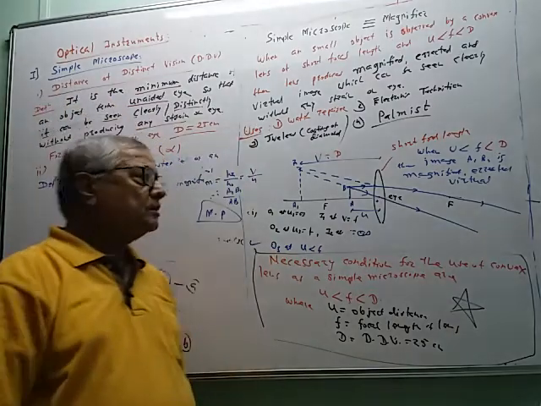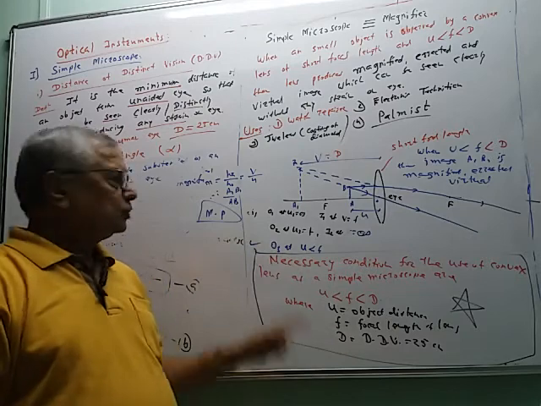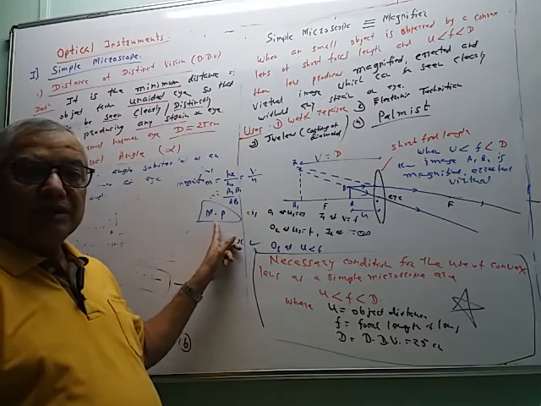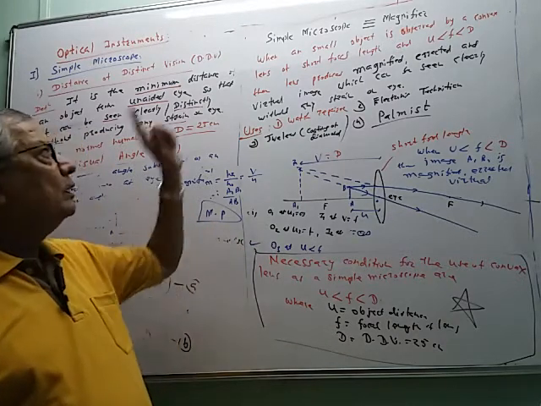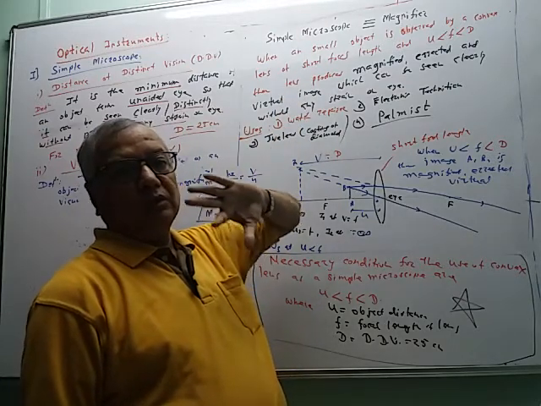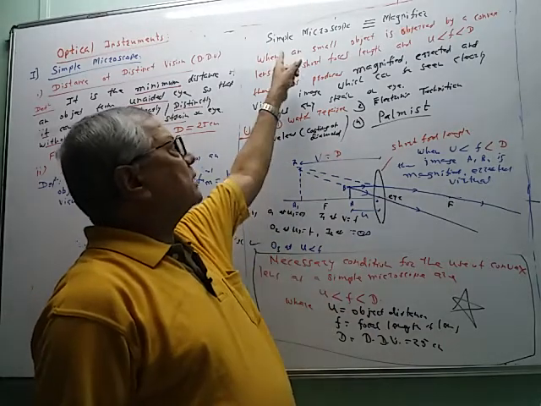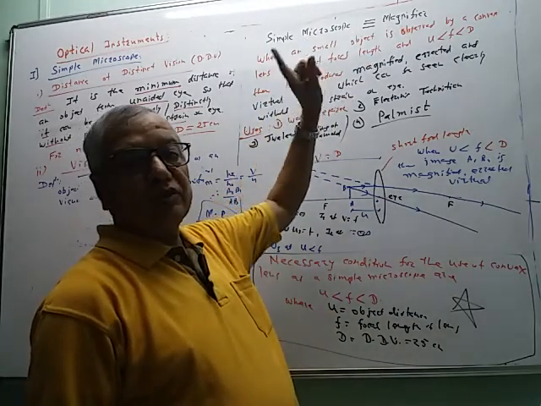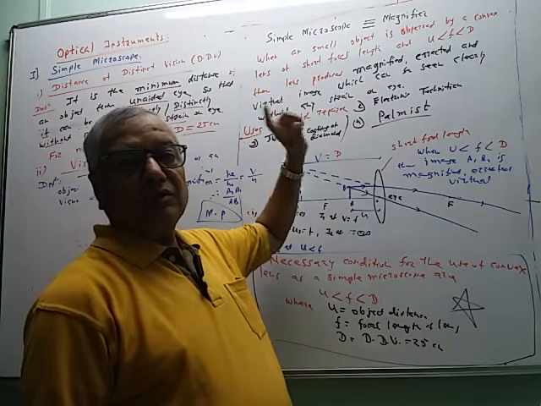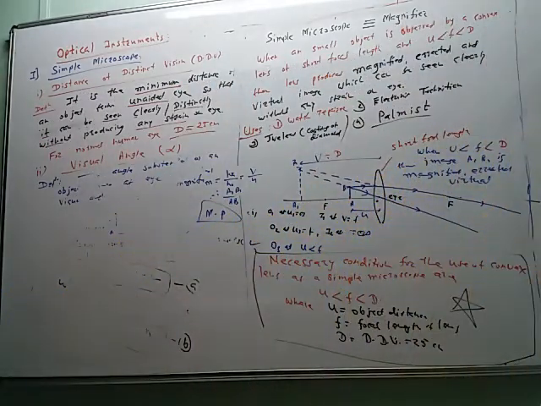So what are the differences between magnification and magnifying power that we will give afterward? So first we have to see what is meant by magnifying power, and for simple microscope what is the formula. So we have to find the expression for the magnifying power of a simple microscope. On which factor this magnifying power of the simple microscope depends. That is the next part that we have to see. त्याच्यावर पण काही प्रॉब्लेम्स वगैरे असतात.